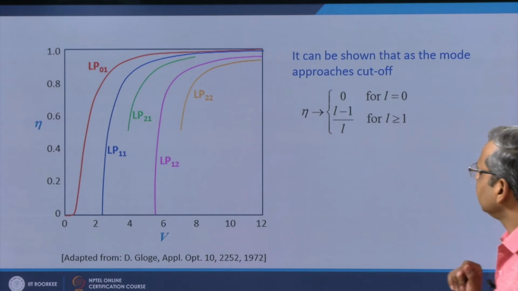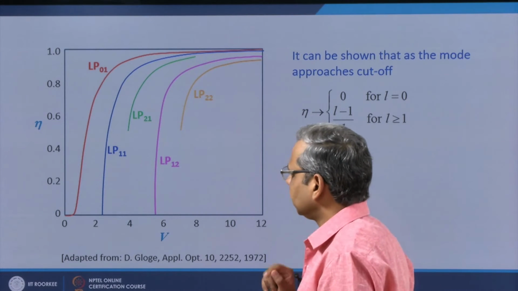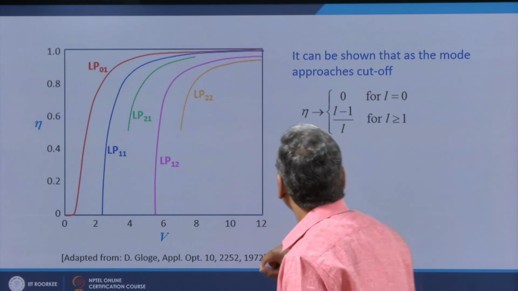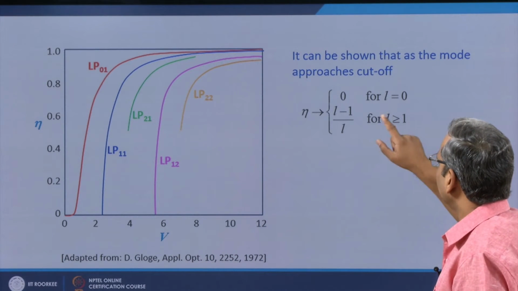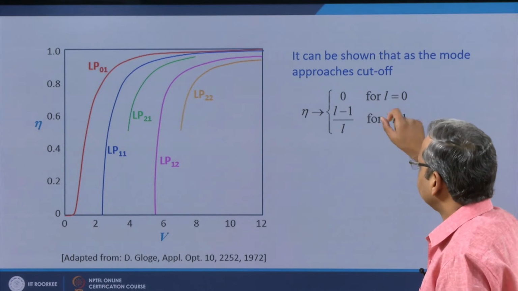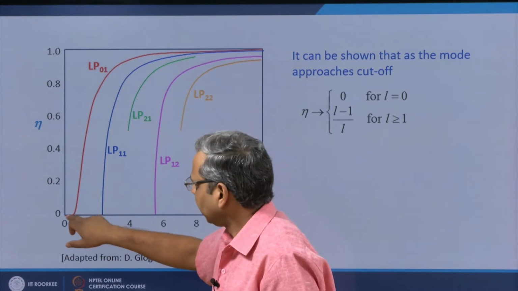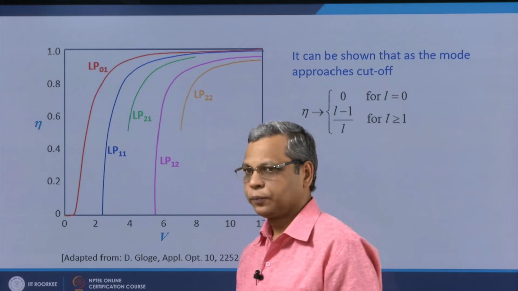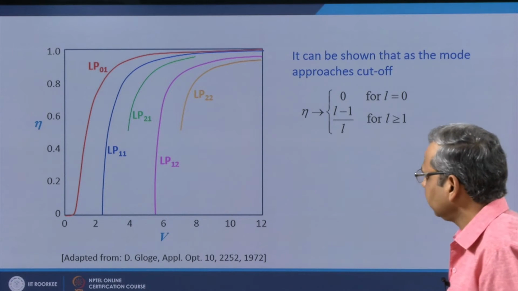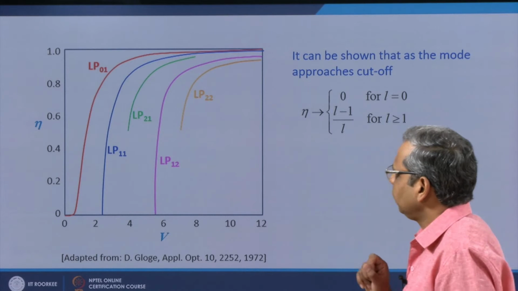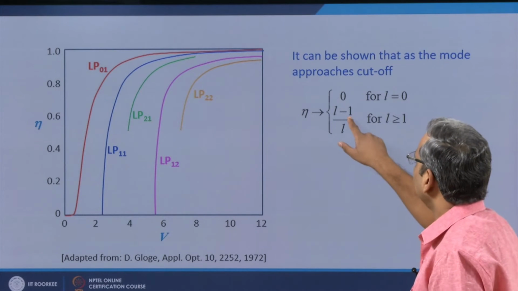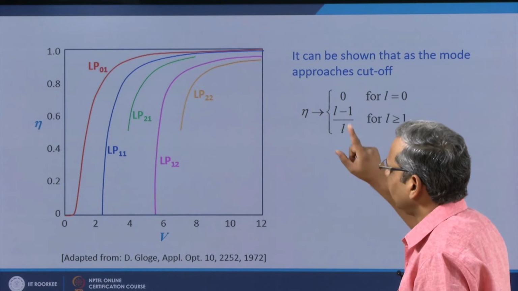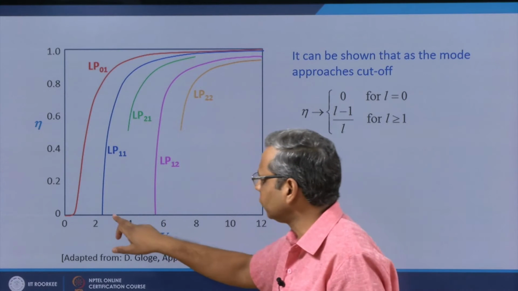So, I can see for LP01 mode the cutoff is 0 and L is equal to 0. So, as I approach cutoff, the power is 0. And if I take LP11 mode, then again eta is 0. LP11 mode cutoff is 2.4048.